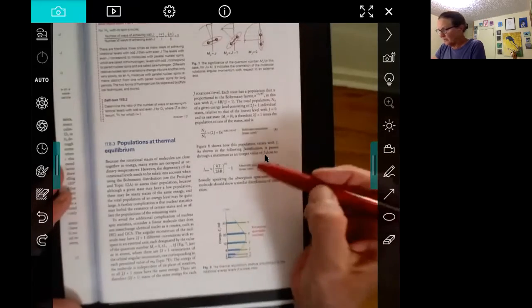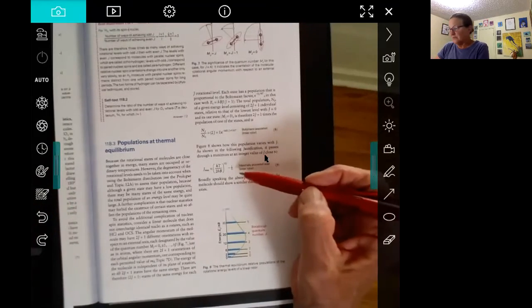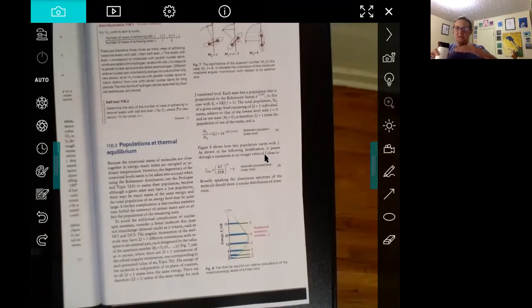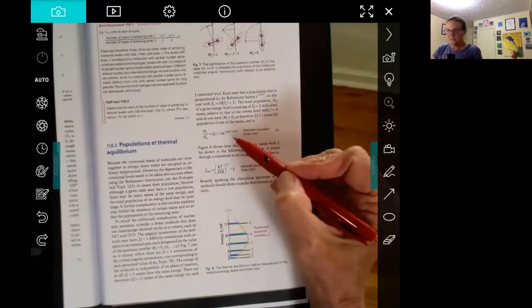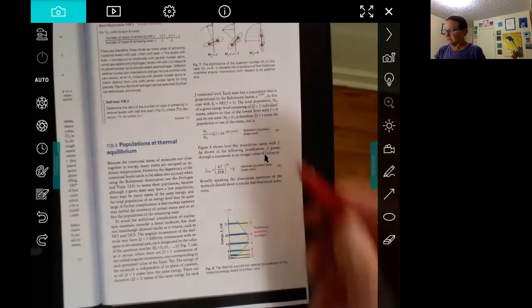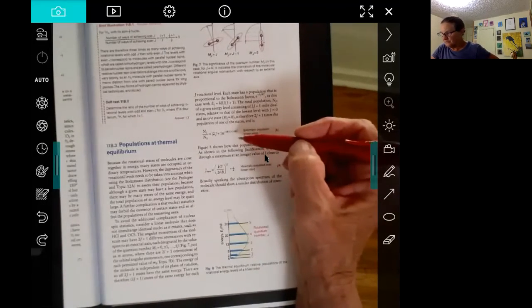And so when we want to think about what's the most populated state for rotation, we have to take into account that the exponential term tells us they are decreasingly populated. As the energy gets further and further from the ground state, that exponent gets more and more negative, which makes it a small number.